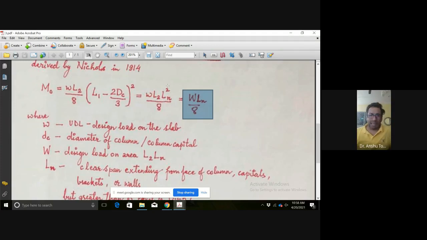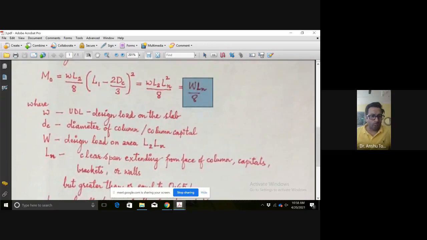But what is Ln? What is the capital W? They are more or less static. They depend upon certain set formulas and equations. So I will not tell you W and Dc because it is written here. Design load on the slab. Diameter of the column or column capital. अगर circular है तो diameter of the column capital हो जाएगा.